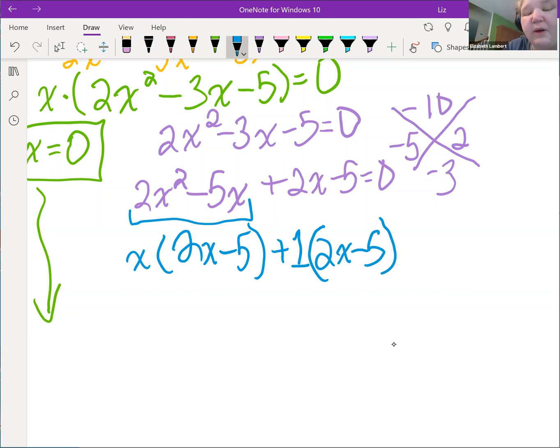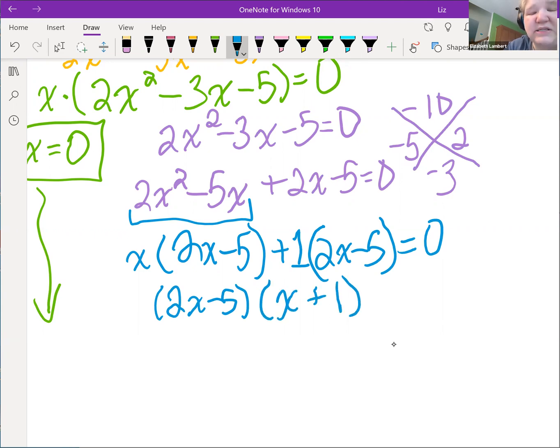I can always multiply by 1. So that is our placeholder. So when we do the next step, our ugly is 2x minus 5, and the leftovers are the x, and we need the plus 1. It has to be a binomial and a binomial to give us a 3-term quadratic. And set each one equal to 0.